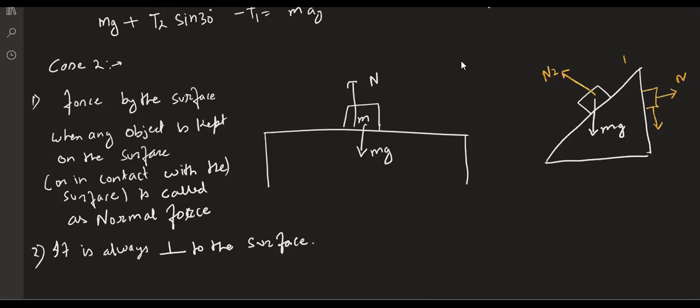A free body diagram is a representation of all the forces acting on an object. So the first approach should be identifying all the forces.